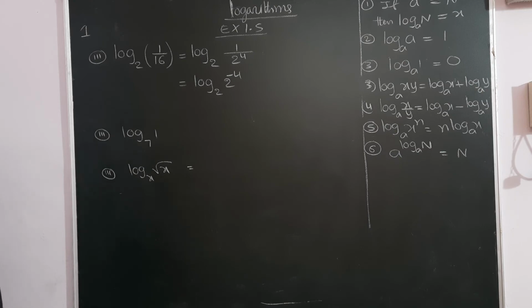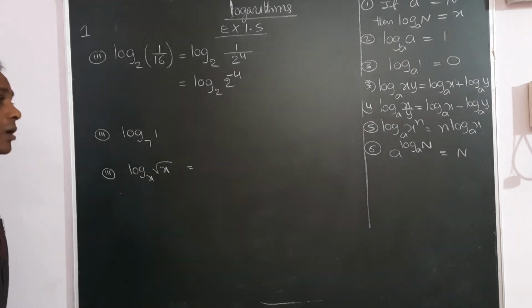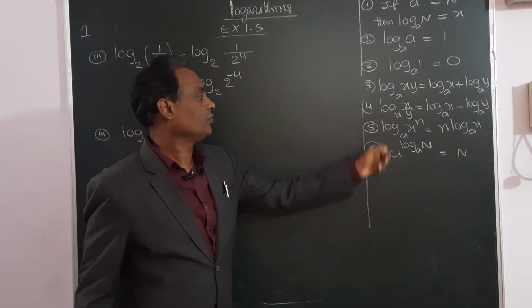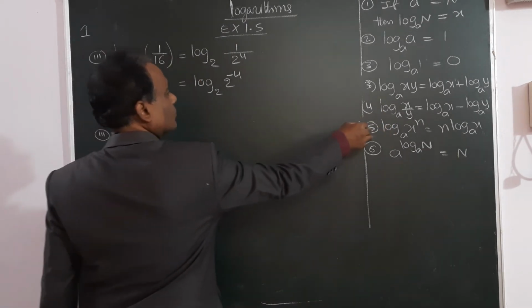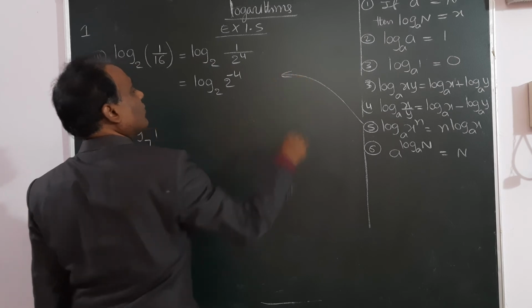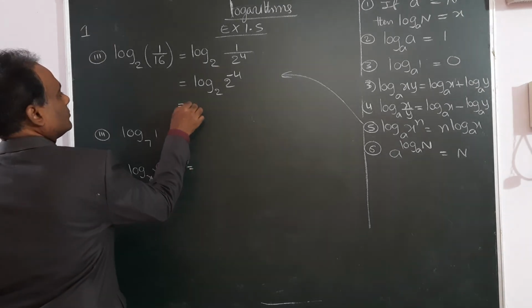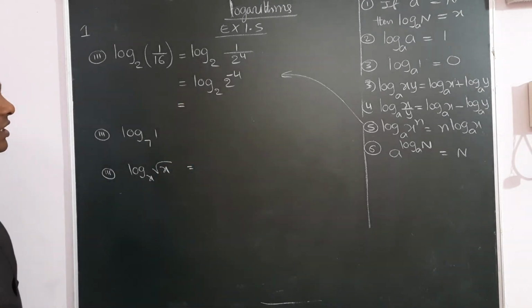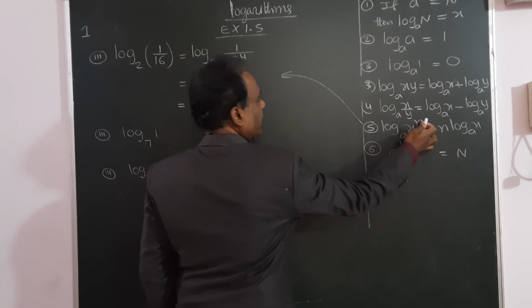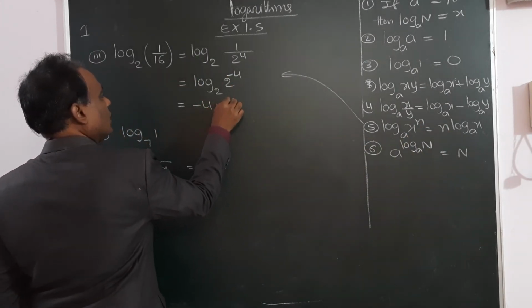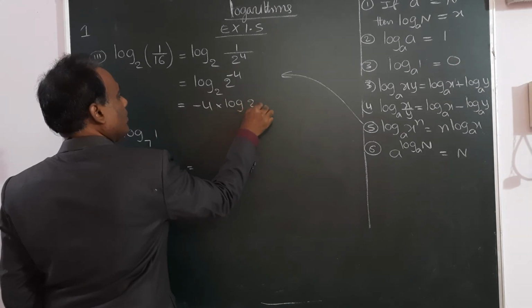1 by 2 power 4 can be written as 2 power minus 4. It is according to which formula? Fifth formula. Observe the fifth formula. Write down the formula here. Then what happens? This exponent will become multiplication. So minus 4 into log 2 base 2.